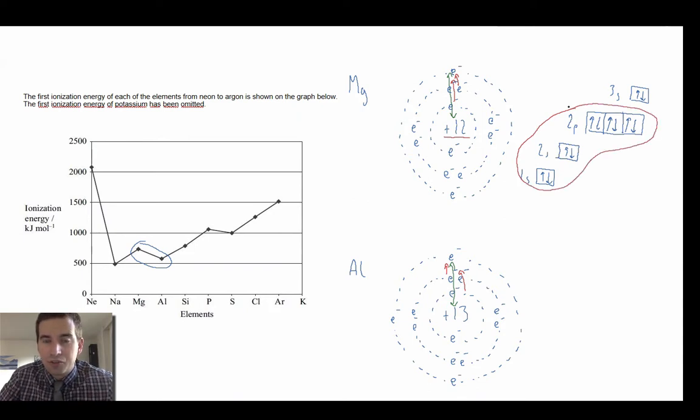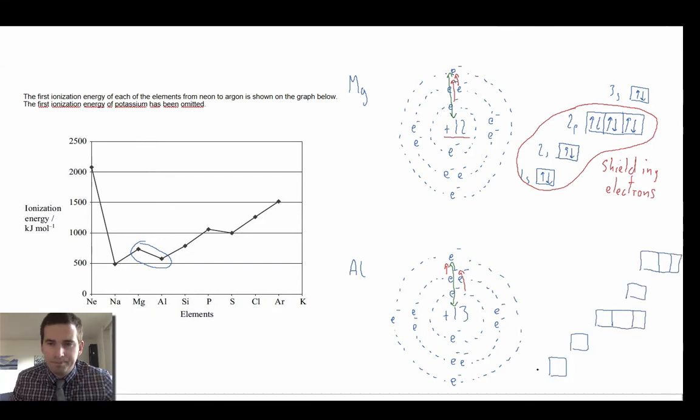Now all of these electrons here are the shielding electrons, and they are repelling the electrons in that outer shell. I mean, they're repelling each other as well, but that isn't relevant for this video. So these electrons are repelling the outer electron, which is in the 3s subshell.